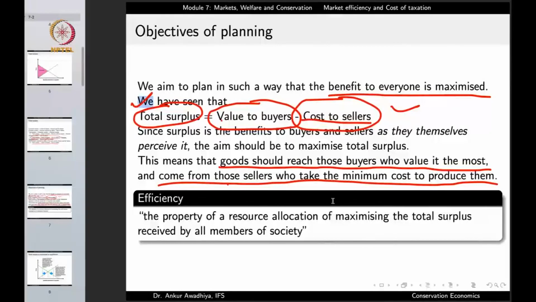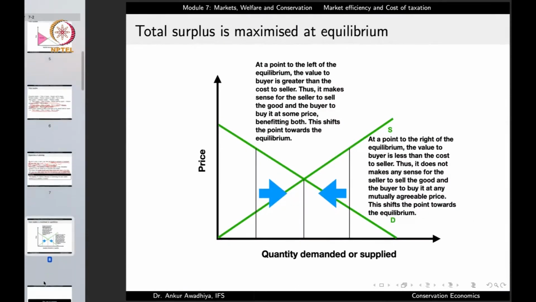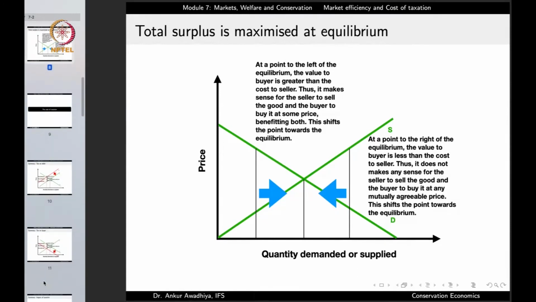And we have seen that the total surplus is maximum when goods go from the sellers that take the minimum cost to produce them to the buyers who value them the most. So in that case, the total surplus is maximized, and then we say that the market is working in an efficient manner. Now, in the case of a normal market equilibrium, the total surplus is maximized at the equilibrium.